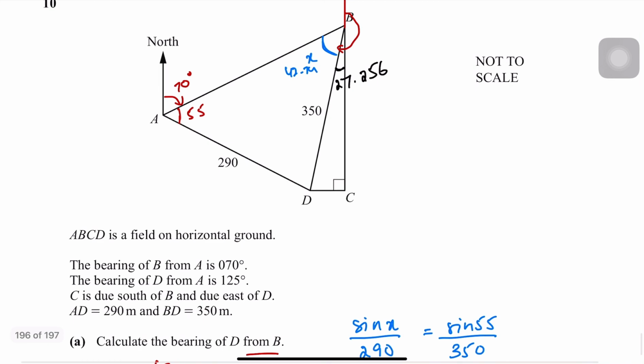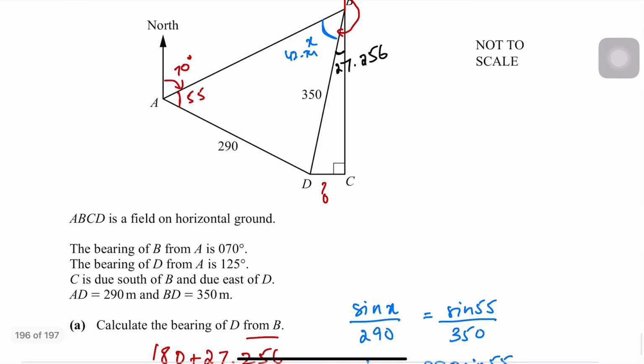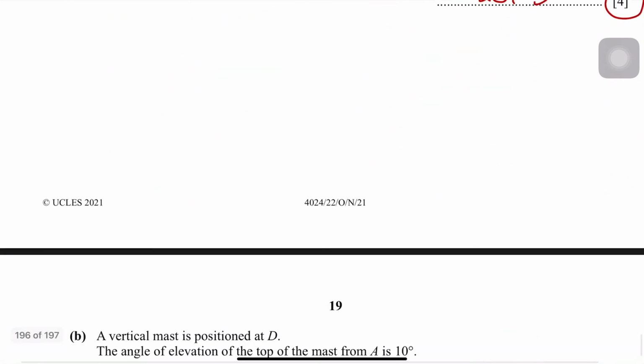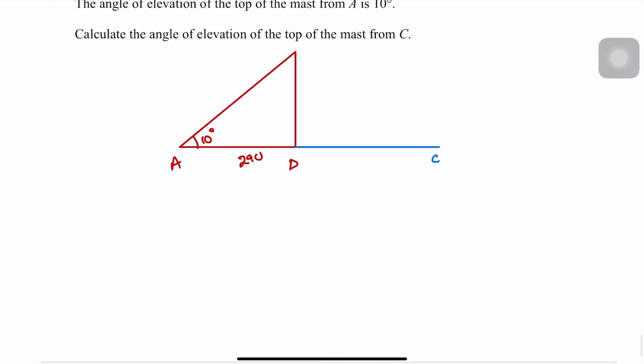I don't know CD, but can I find CD first? Can I say that in this triangle, sine 27.256 equals CD over 350? That gives me CD as 160.288.